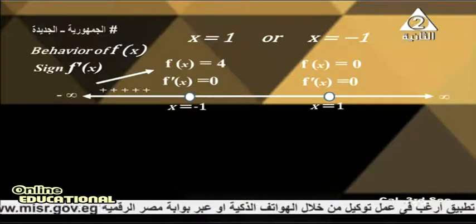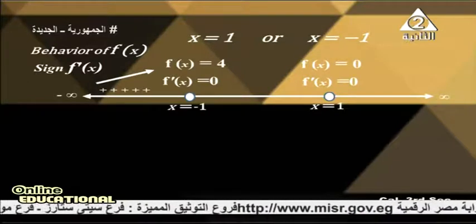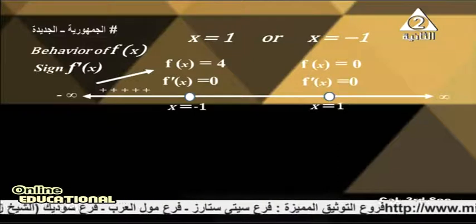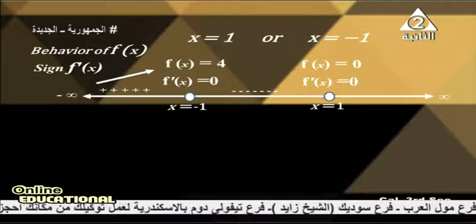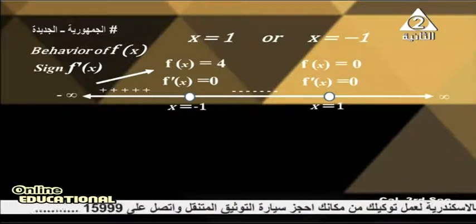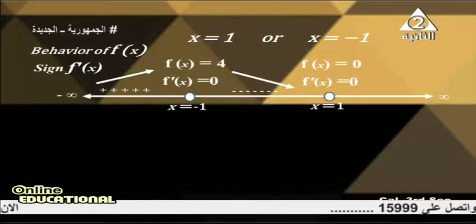Then the curve of the function is increasing in this interval. And in the open interval negative 1 and 1, the sign of f dash is negative and the curve of the function is decreasing on this interval.